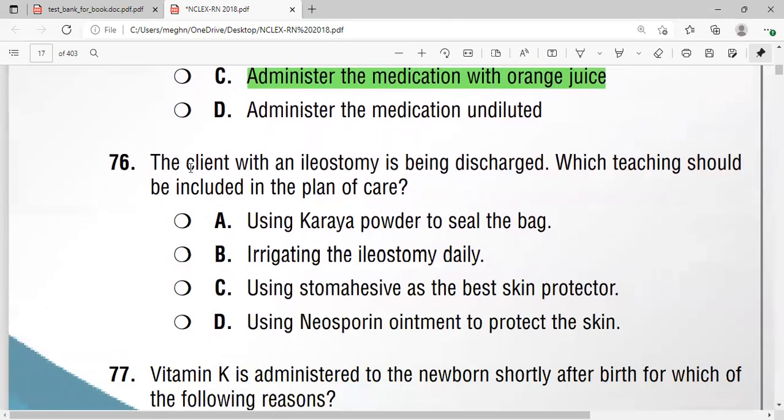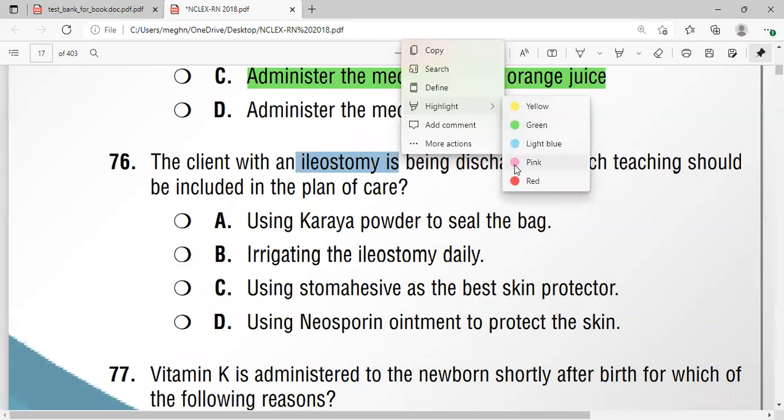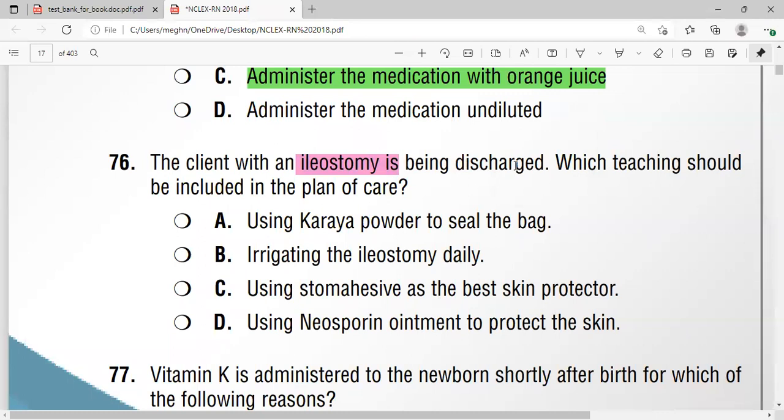So 79, next question here. The client with an ileostomy is being discharged. Which teaching should be included in the plan of care? A patient who has an ileostomy has had surgical removal of the ileum. Number A, using karaya powder to seal the bag.